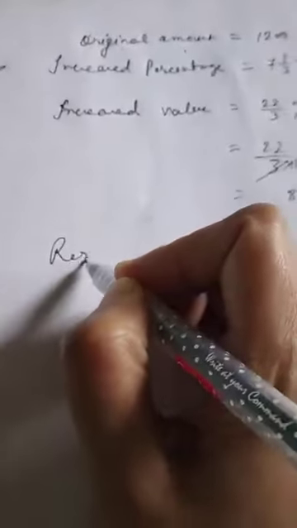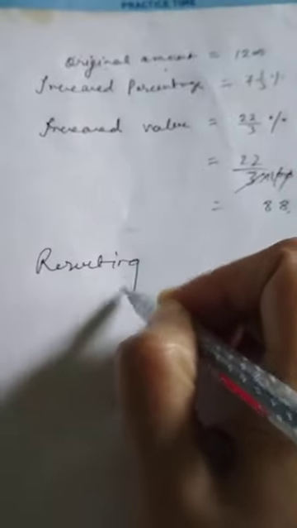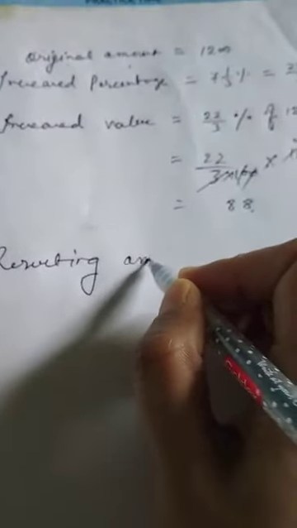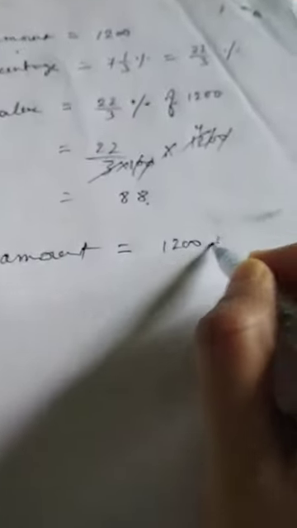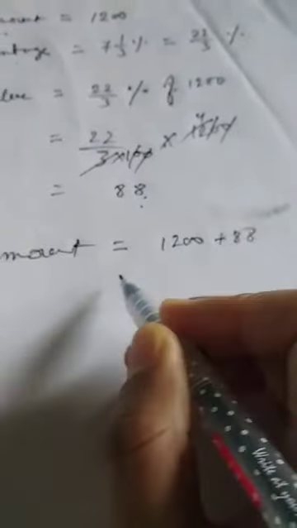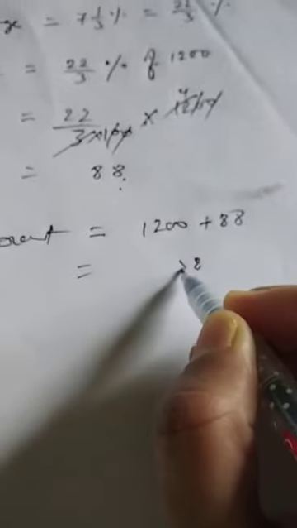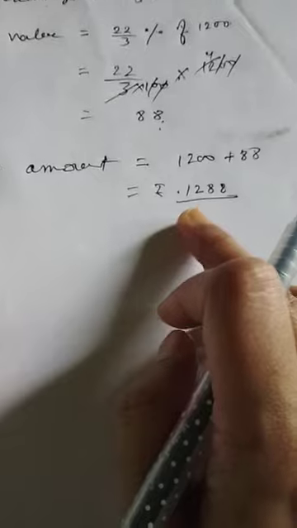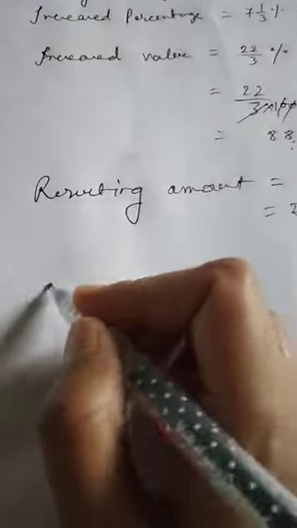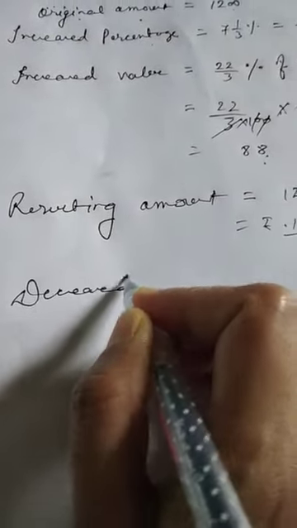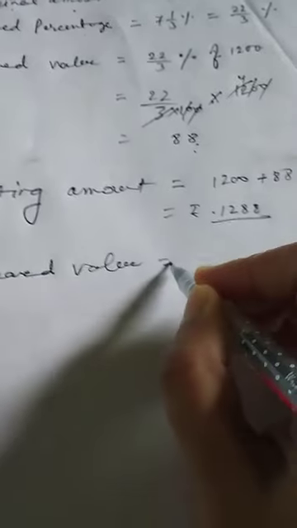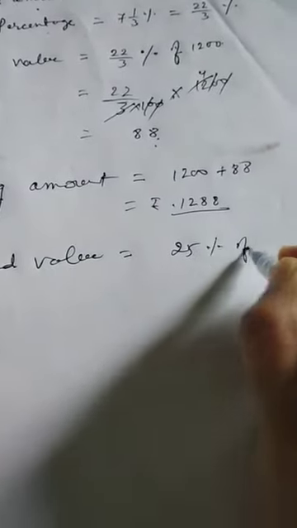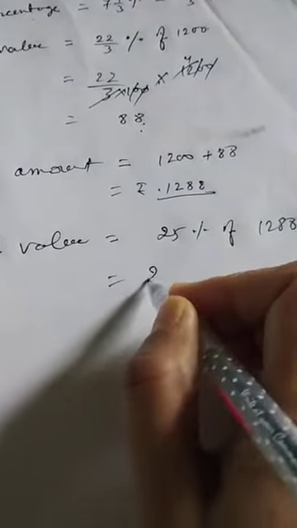But what is the resulting amount? First find out the resulting amount. Means after increasing, what will be the resulting amount? Resulting amount will be 1200 plus this 88, because this much is increased. So just add it. 1288 is the resulting amount. It's 25% decreased. So decreased value will be equal to 25% of 1288. Just calculate it, students.